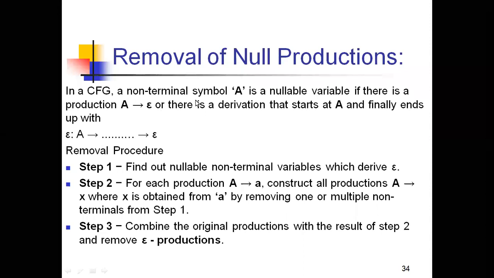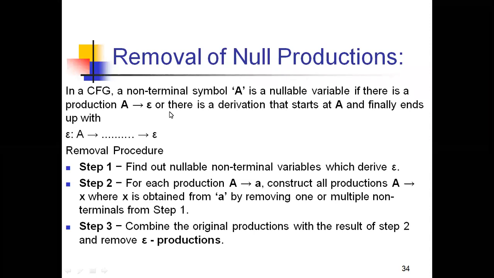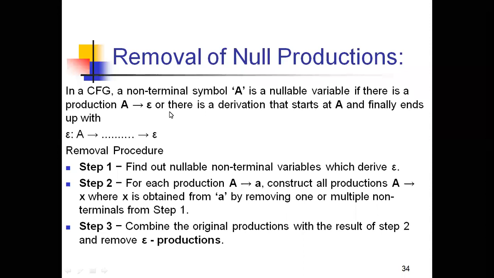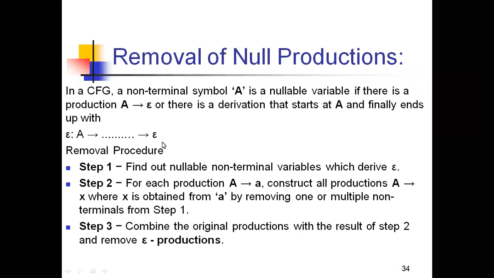And for eliminating the null productions, we can't eliminate them directly. Just by erasing A tends to epsilon, we can't eliminate or simplify that, right? So we have a procedure with three steps to follow for the removal of null productions.